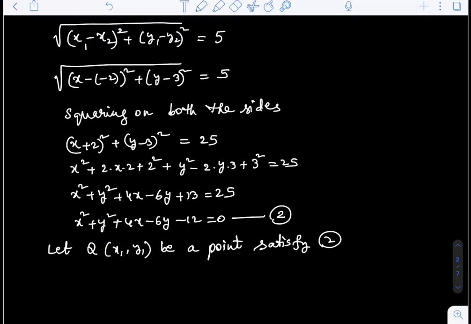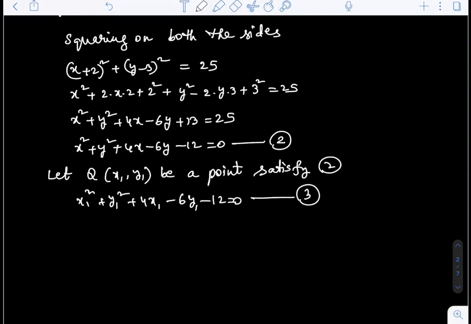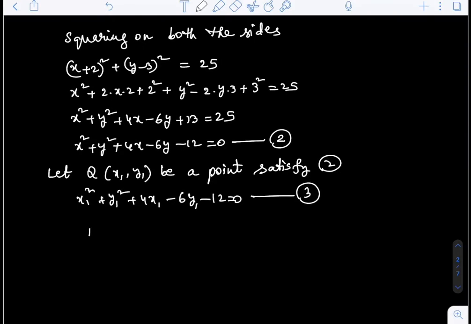Then what happened? x1 square plus y1 square plus 4x1 minus 6y1 minus 12 is equal to 0. This will come. This is equation 3. Assume it as equation 3. Now take the distance from A to Q here. That is, distance from A to Q is written now. What is the formula?